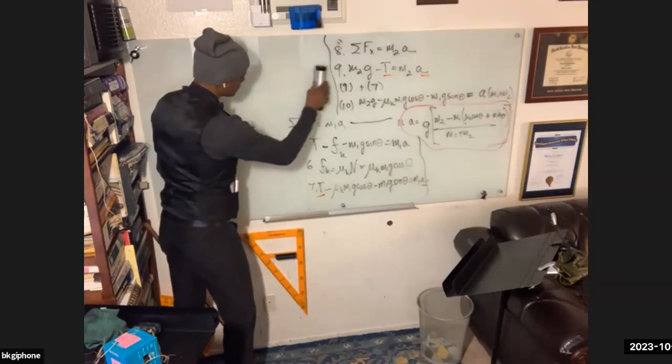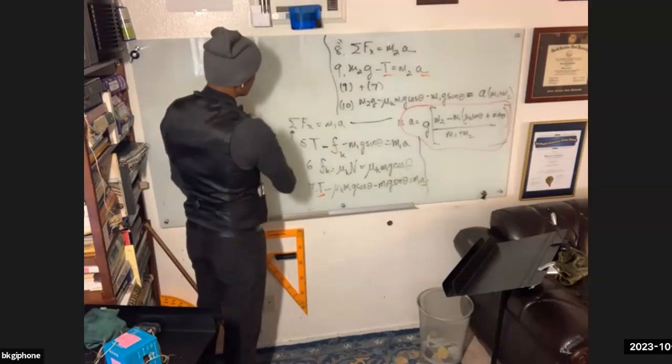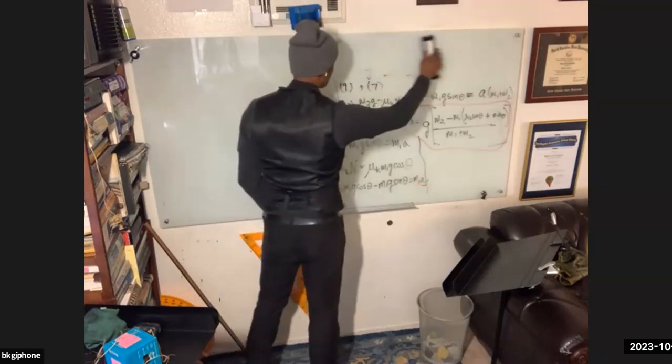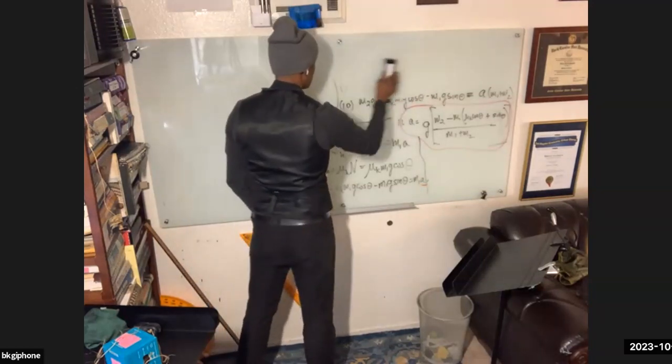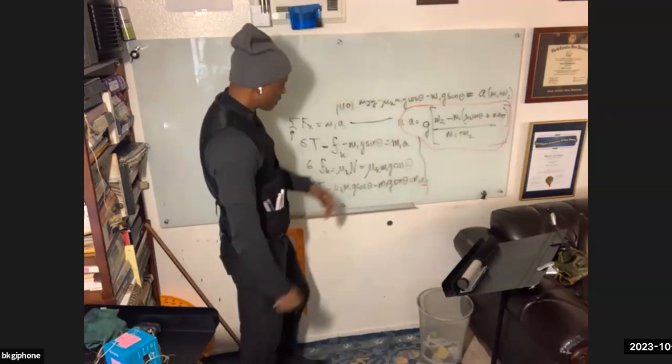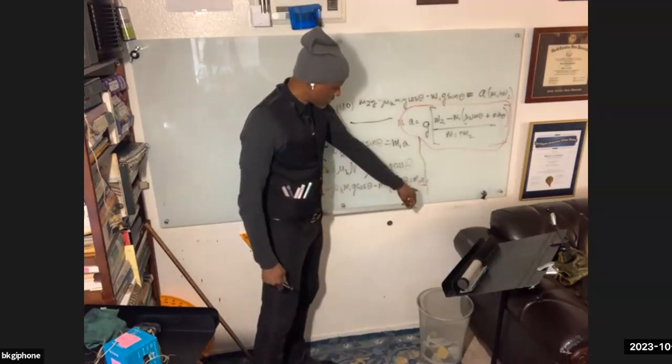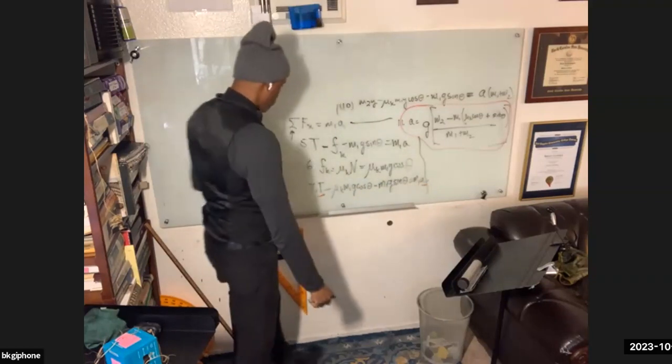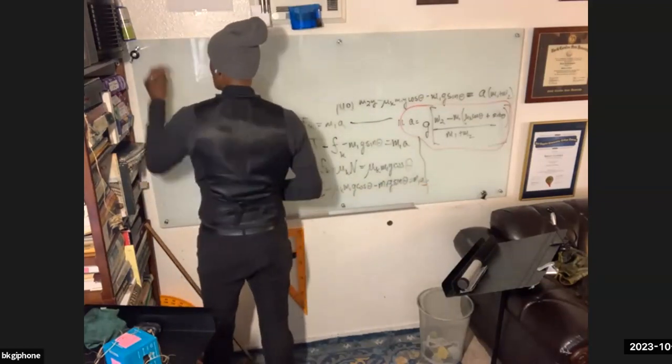Now, these things are going to be kind of long, so erase enough. I'm going to take the A equation, whatever that is, and stick it back into here. I guess it's equation 12.